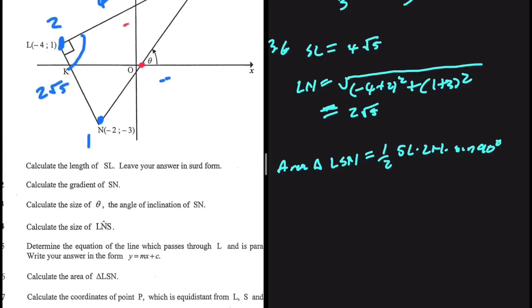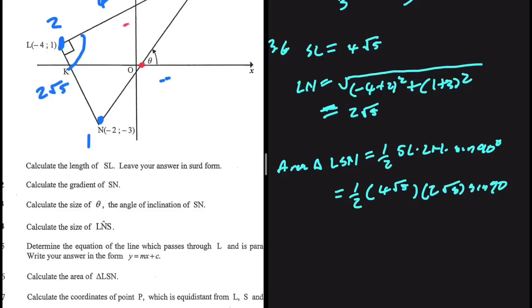Sine of 90 degrees is 1. That is why when the angle is 90, we just say half base multiplied by height. This will be equal to half, SL is 4 square root of 5, multiplied by 2 square root of 5, sine of 90, which is 1.